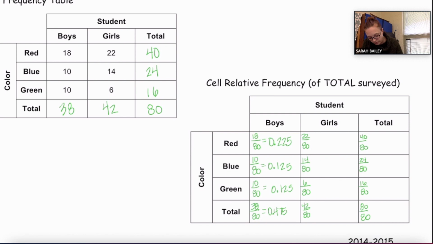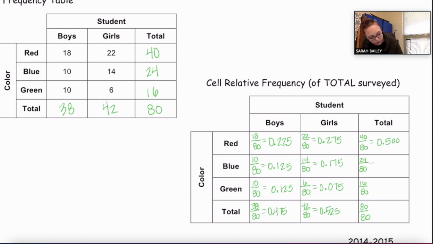So 22 out of 80 is 0.275. 14 divided by 80 is 0.175. 6 divided by 80, 0.075. 42 divided by 80, 0.525. 40 divided by 80 is 0.5.